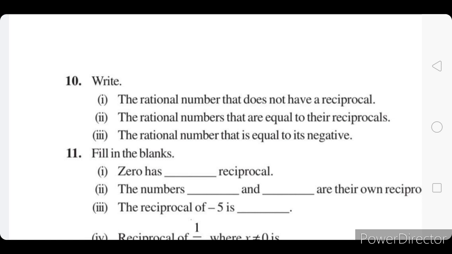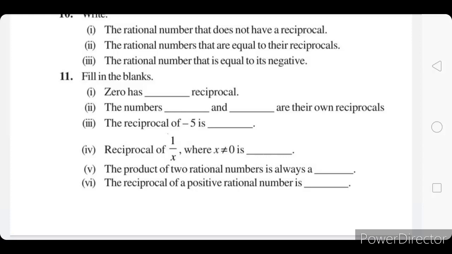10th question, write the rational number that does not have a reciprocal. Which is the rational number which does not have its reciprocal? It is 0. 0 does not have its reciprocal. The rational numbers that are equal to their reciprocals, that is 1 and minus 1.